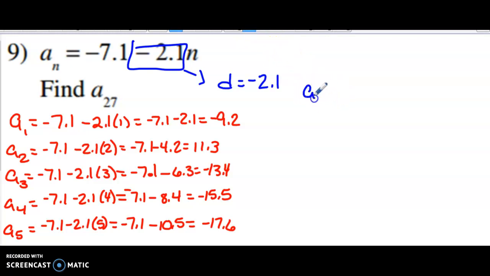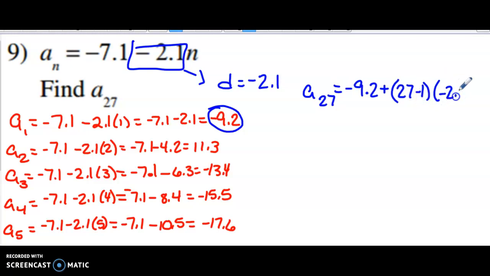Let's find a sub 27. If we're looking for a sub 27, that's going to give me my a sub 1, which is a negative 9.2, plus n, which is 27 minus 1, times my common difference of negative 2.1.